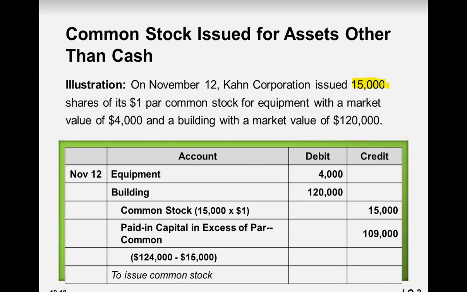So here's our 15,000 shares for $1. So that's our amount of stock, 15,000 times $1. And again, the paid-in capital in excess of par is going to be the 124, these two numbers added together, minus the 15,000 to get the 109. So we do the math to get to that number.